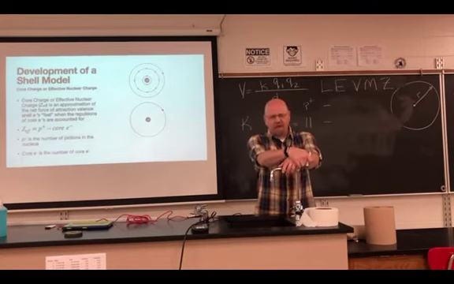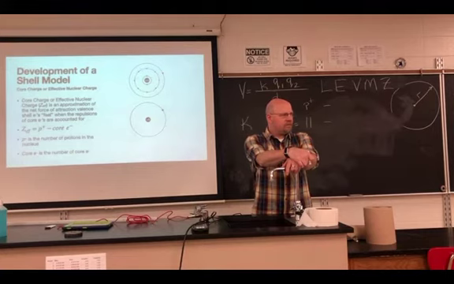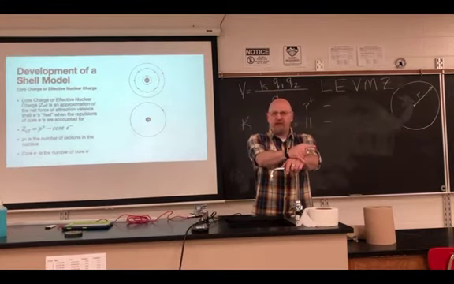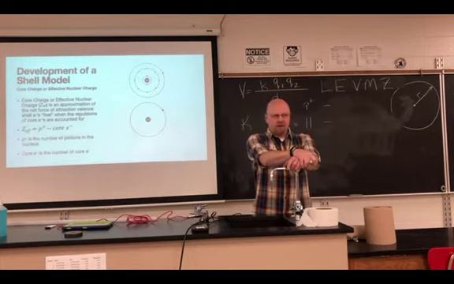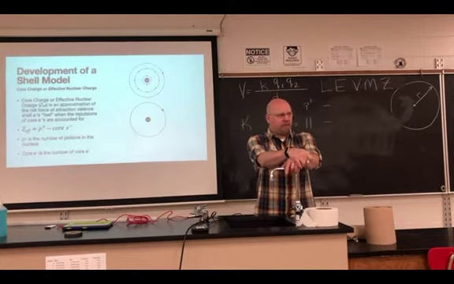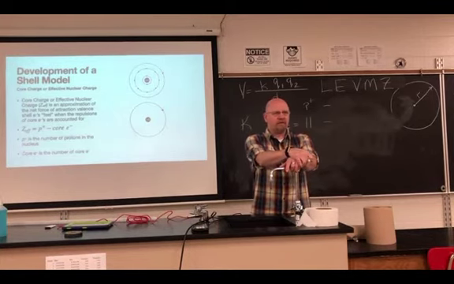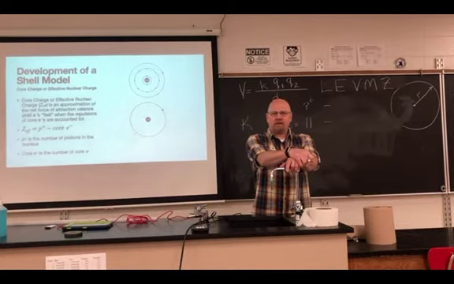Now, look at that periodic table that I've got taped to your tables. Think about what Cameron just said. And what can you look at to determine the number of valence electrons? What, Lincoln?